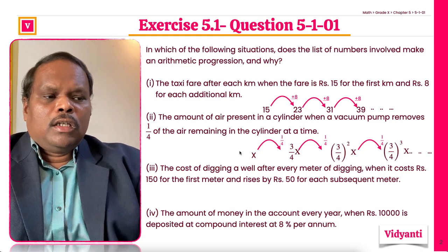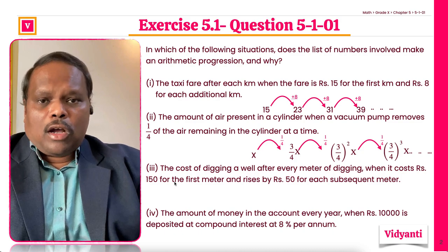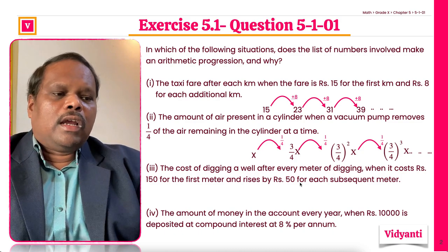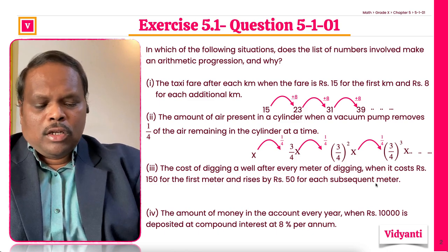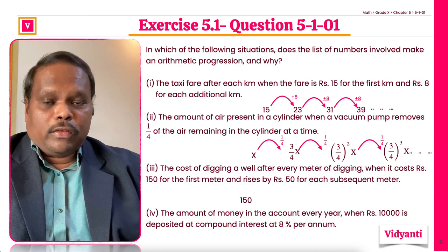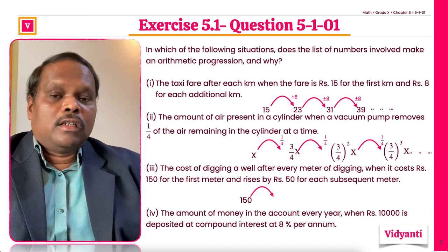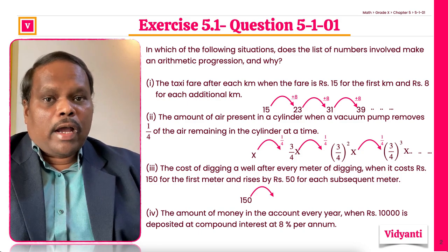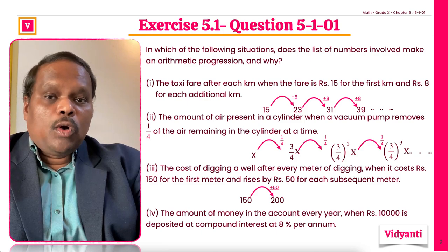The third one, the cost of digging a well after every meter of digging, when it costs 150 rupees for the first one, and it rises by 50 rupees for each subsequent meter. So if I dig the well for 1 meter only, I will have to spend 150 rupees. Now, if I dig 1 meter further, my expenses increase by 50 rupees, and my second meter of digging costs me 200 rupees.